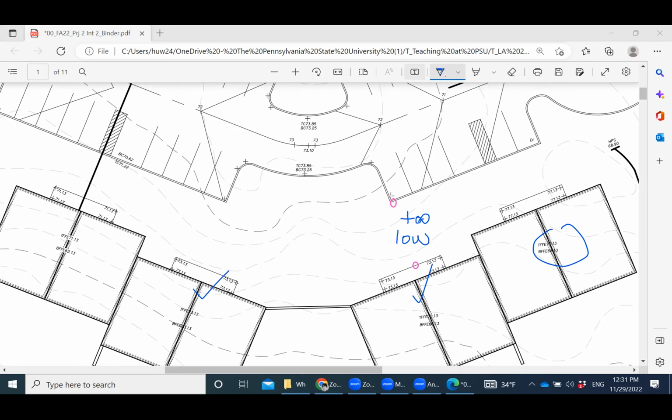Now, what if I go up 2% and see what that FFE is? If it's 2% and you're still lower than 73.13, that's okay, because you can raise the slope. If you use 2%, but the TFFE is higher than 73.13, that would mean you don't have enough slope. That would mean you need to raise that one.